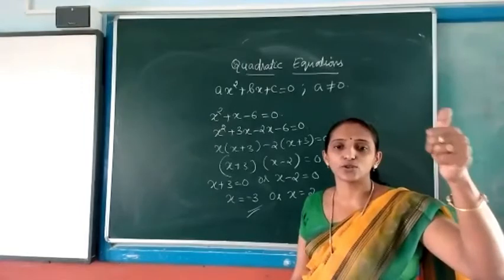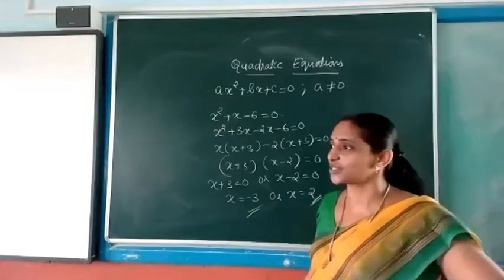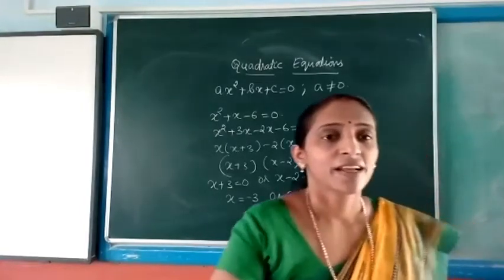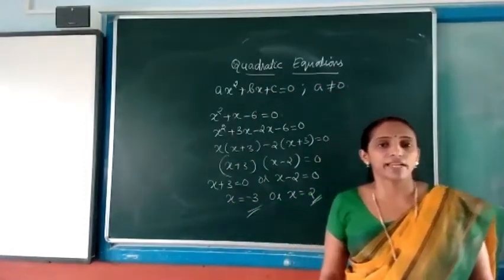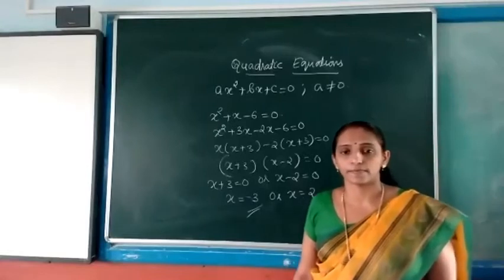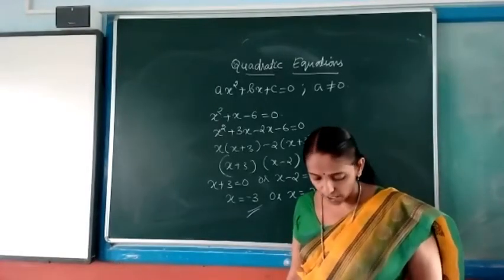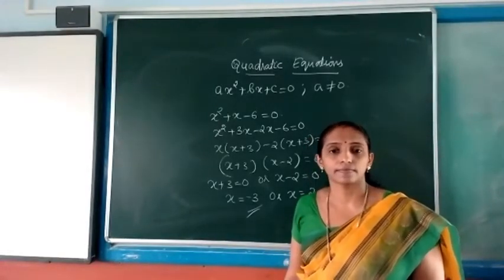You will be getting two values. All are showing that you understood everything. Okay, very good. Right. So write down chapter number 7, quadratic equations.